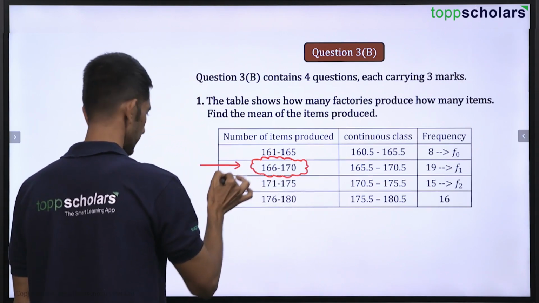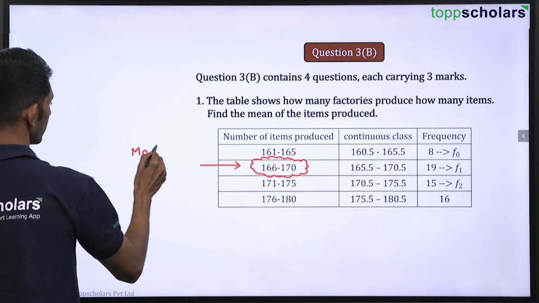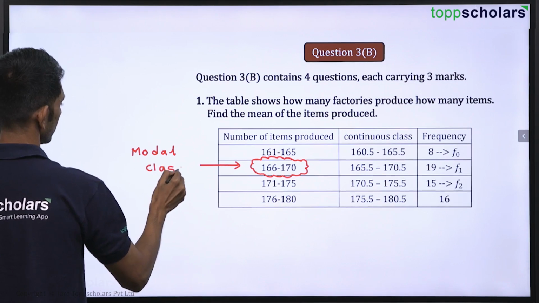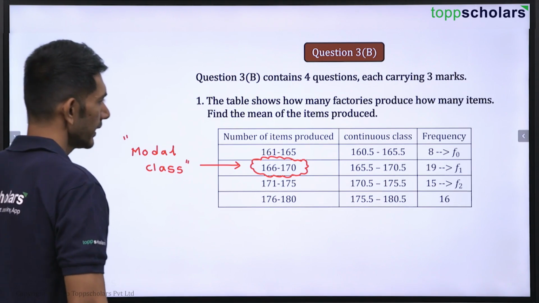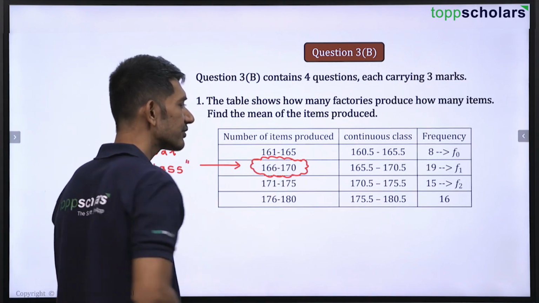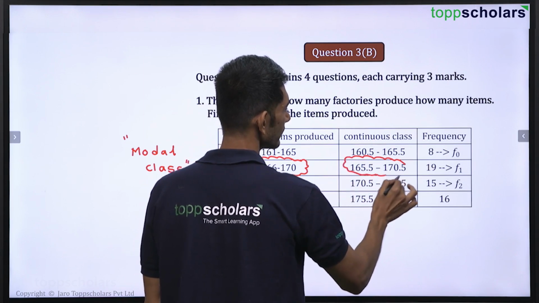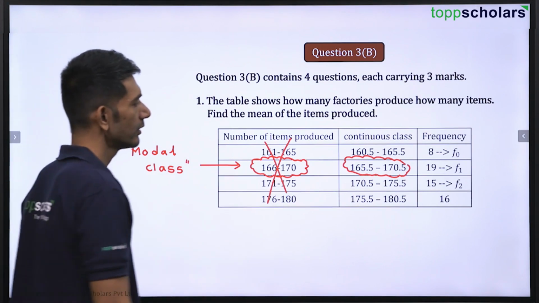This is the modal class. Correct? But can we take this? No, because we have to take the continuous class. So we will take this. And we will ignore this as of now. And just focus on this.